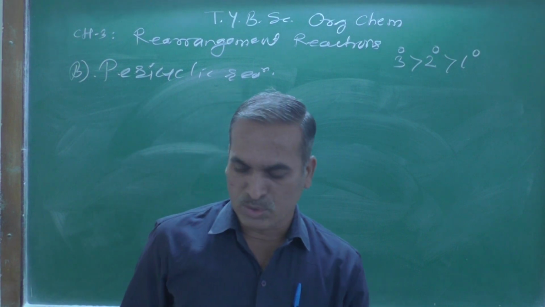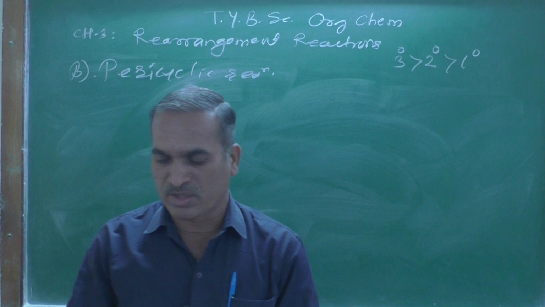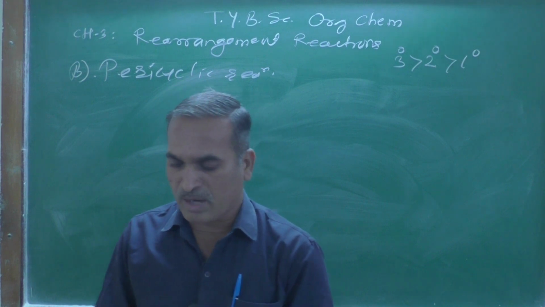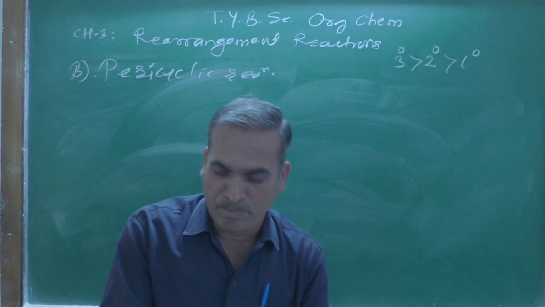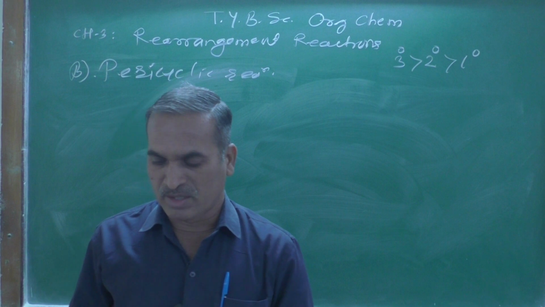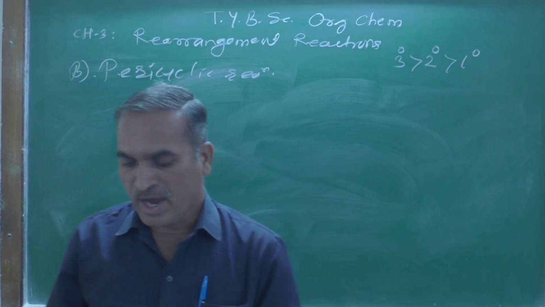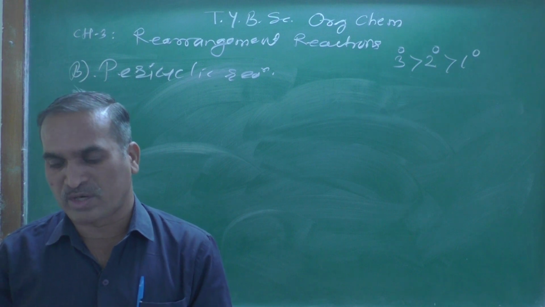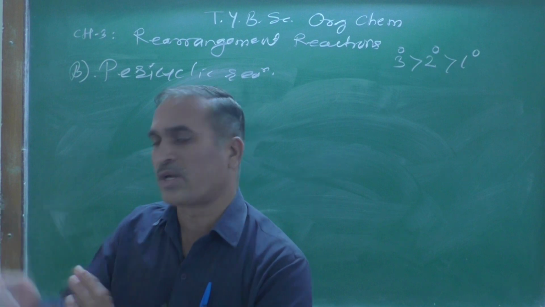As I already told you, a pericyclic reaction is a type of reaction with multiple carbon-carbon bond making and bond breaking, wherein the transition state of the molecule has a cyclic geometry and the reaction progresses in a concerted manner, in a concerted fashion.